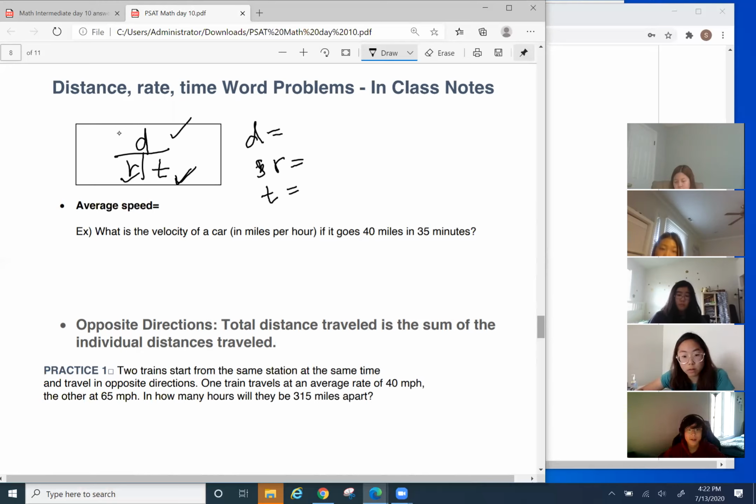Time is distance divided by speed. Distance divided by rate. Okay? Yuri, what's the distance equation? Rate times time. Good. Rate times time, and rate means speed, okay?